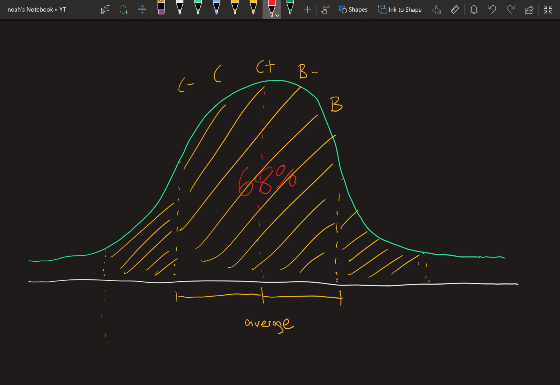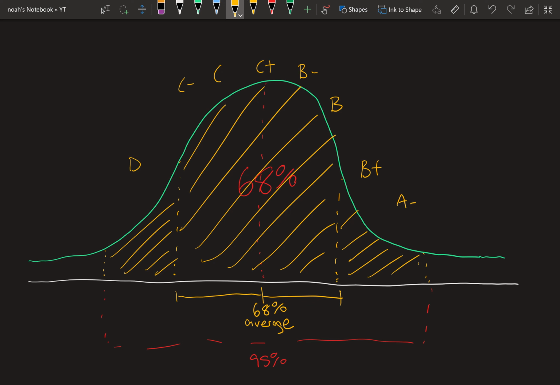So from here to here, that's 95%. This portion was 68. And so this range would be something like D's and so on. This would be B plus, A minus.